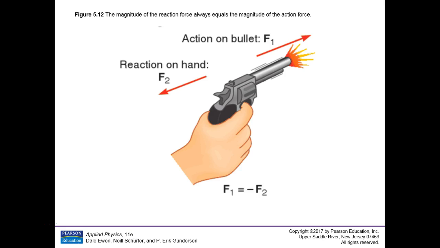And guess what? The gun kicks back with a pretty good force too. If you don't have a separated shoulder, you're going to have a huge bruise, and probably a bruise and a separated shoulder.